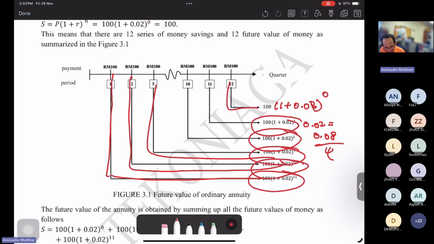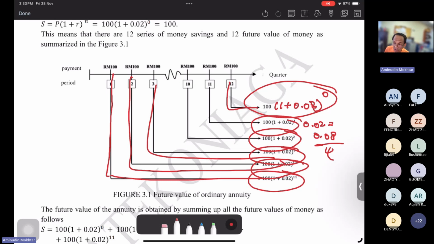12 future values of money. In other words, to calculate annuity, we need to sum all the future values of money.